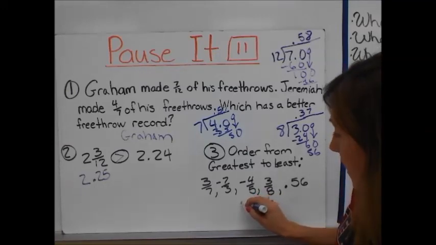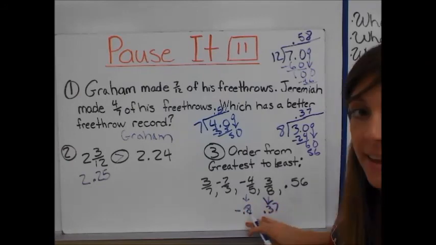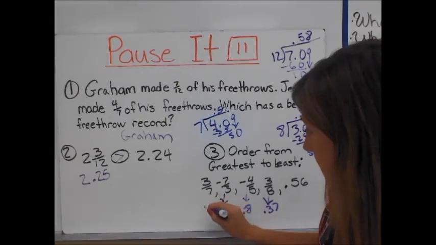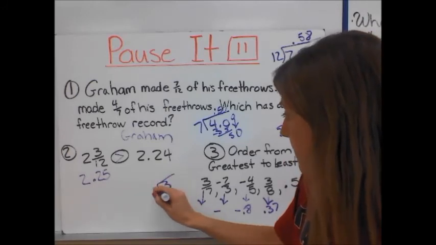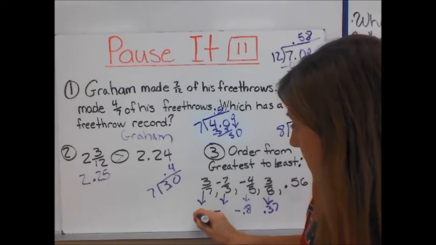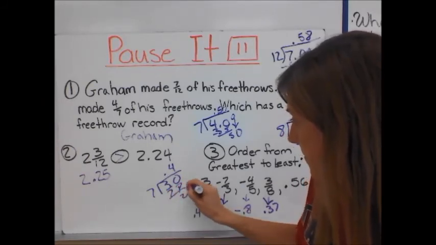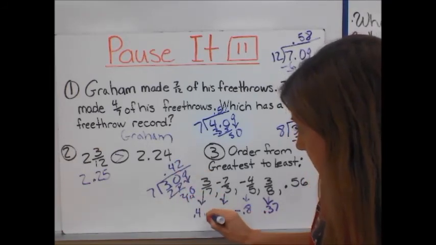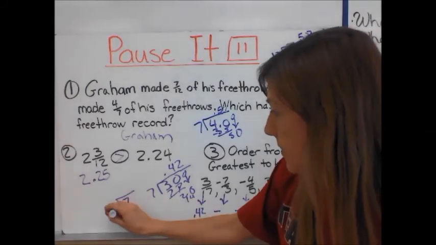I know that 4/5 is 8/10 as a decimal. 0.42, and 7 divided by 3.